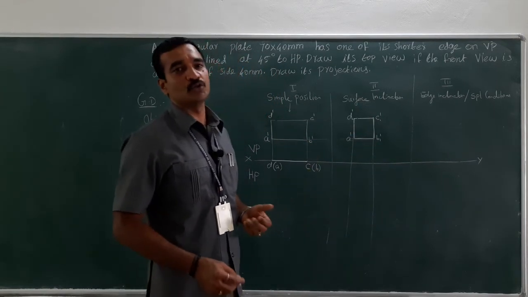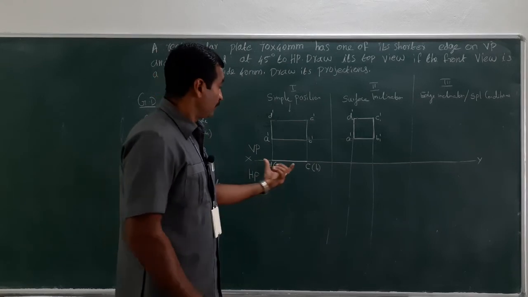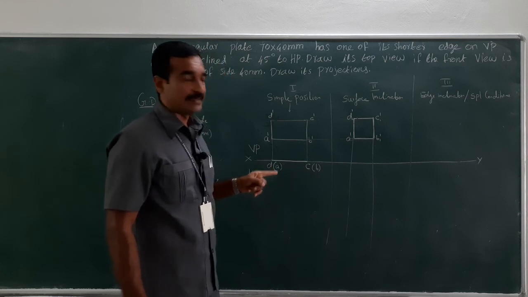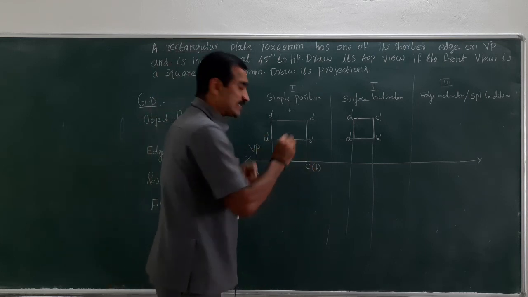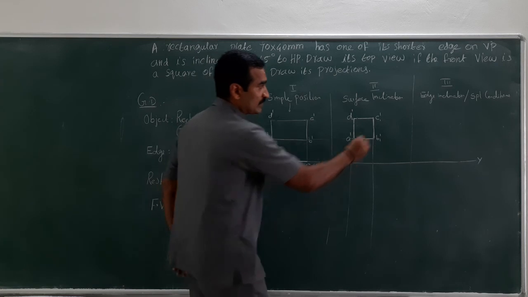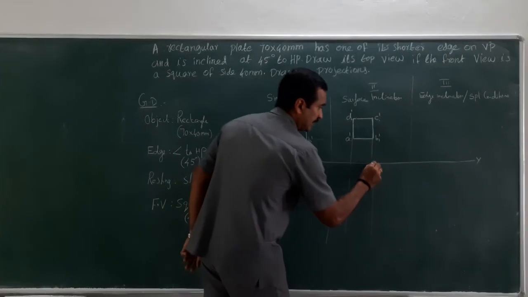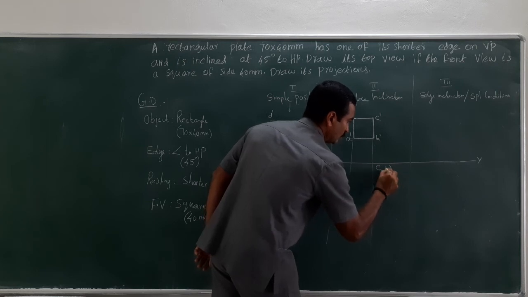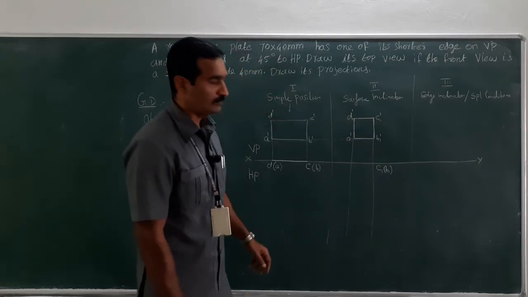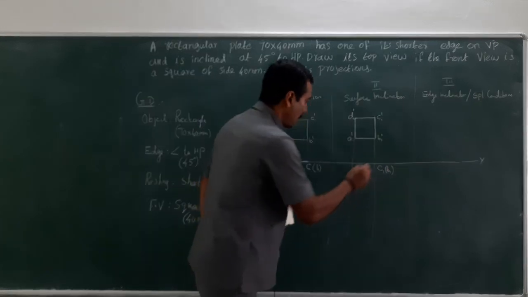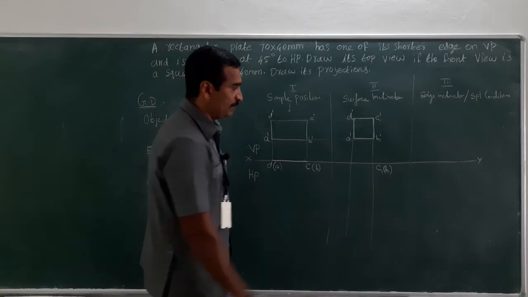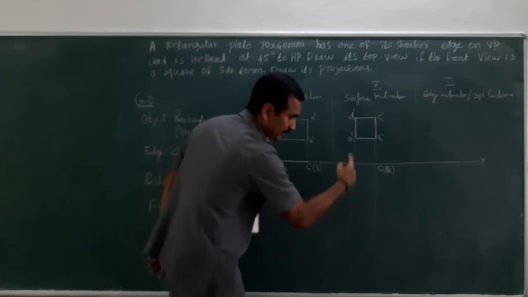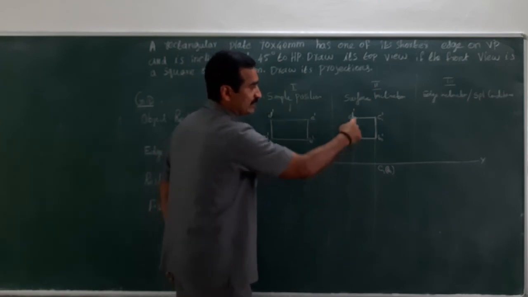Where this is going to come, we don't know. But we have the straight line of length CD, that is 70 mm, right? Measure this distance. Now C and B are resting here. C and B are resting here. This becomes C1 and this becomes B1. Now measure the distance between C and D. With C as center, cut an arc on the projector which is extended from this side DA.